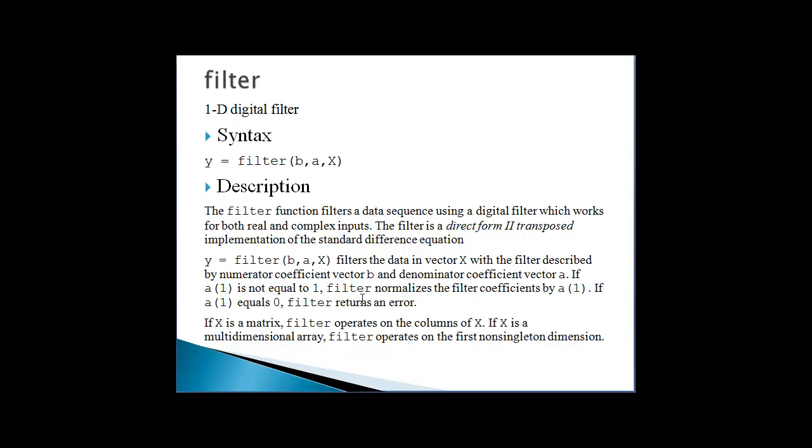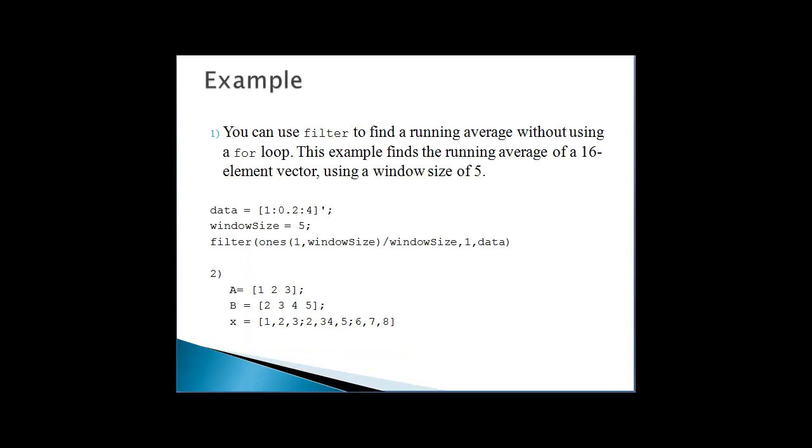Now if a(1) is not equal to 1, the filter normalizes the filter coefficients by a(1). And if a(1) is equal to 0, the filter returns an error. If x is a matrix, filter operates on the columns of x. Okay. Now if x is a multidimensional array, then it operates on the first non-singleton dimension.